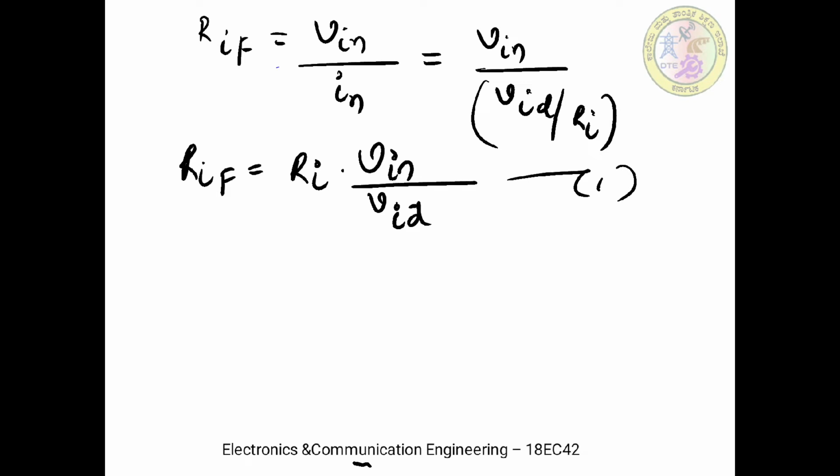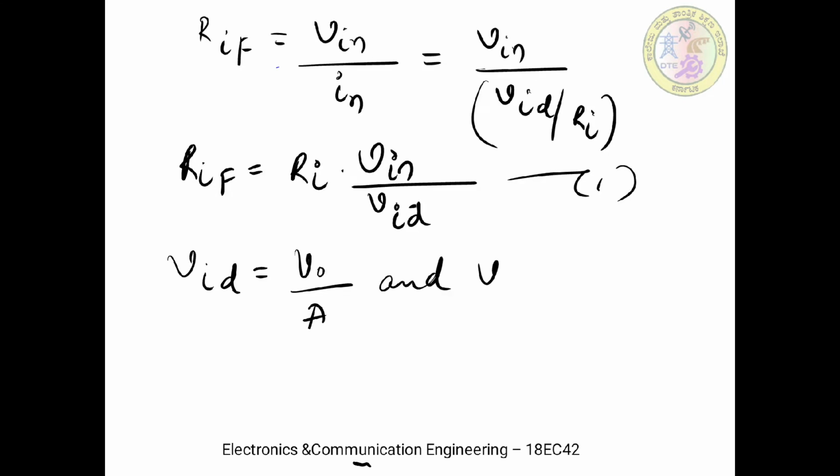But what is this VID? VID is nothing but V0 by A. This is because V0 is equal to A into V1 minus V2, and V1 minus V2 is nothing but VID.